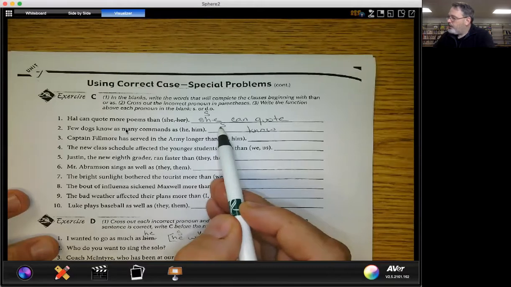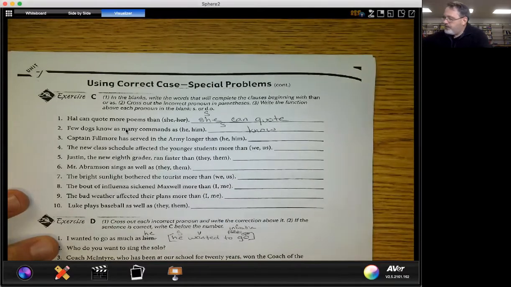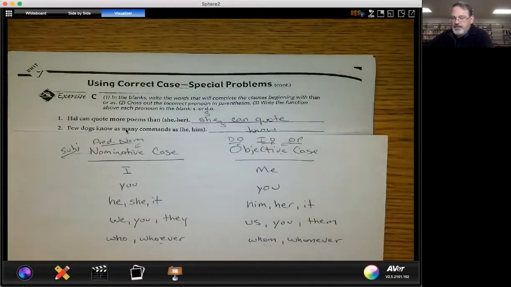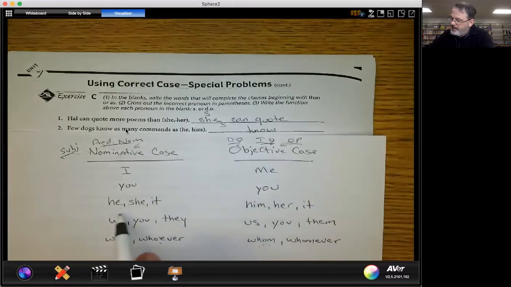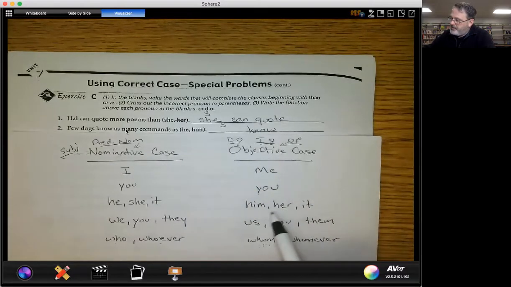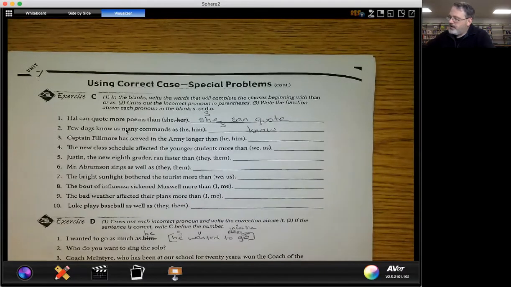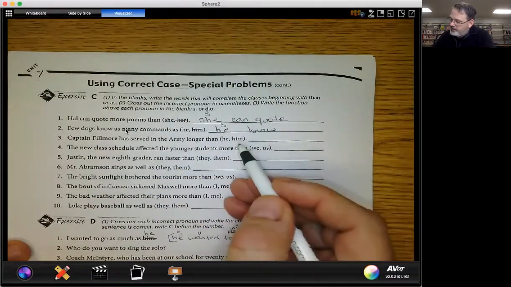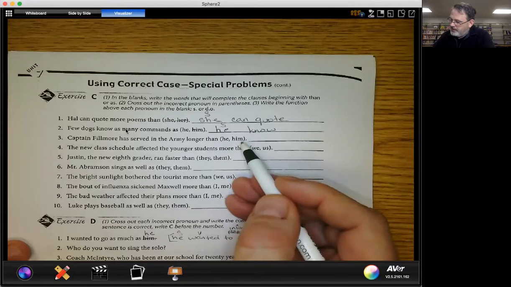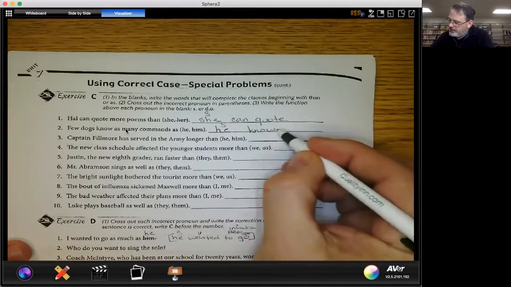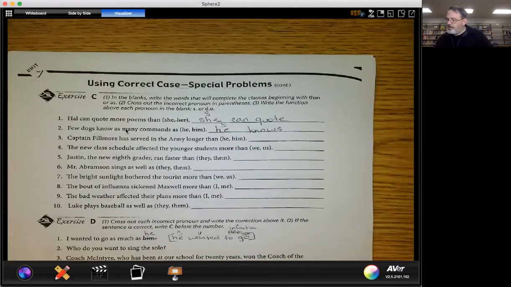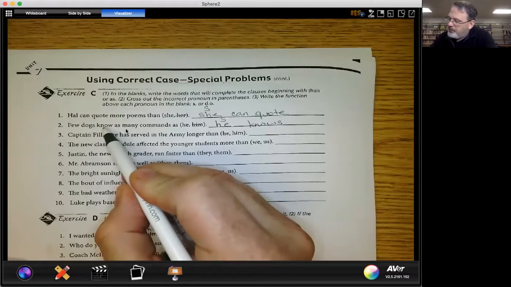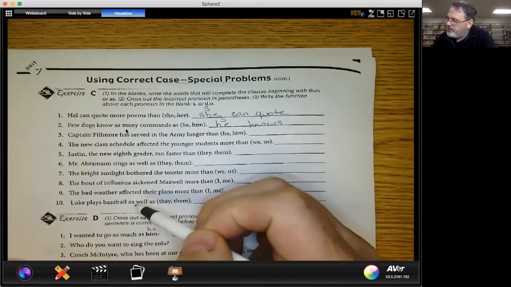Since subjects can only be nominative case pronouns, we look at our list. He is the nominative case, and him is the objective case. So we cross out him and write he here. Few dogs know as many commands as he knows. We have to make it a singular form of the verb.